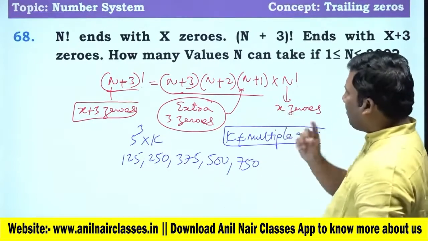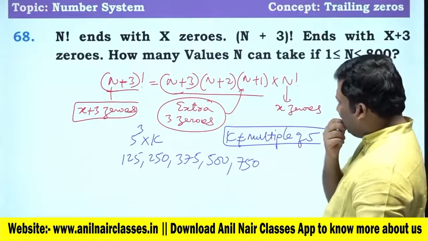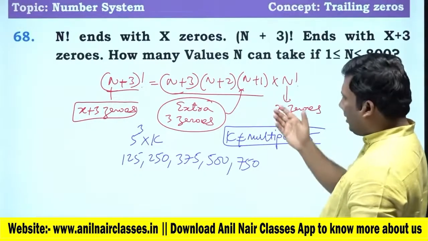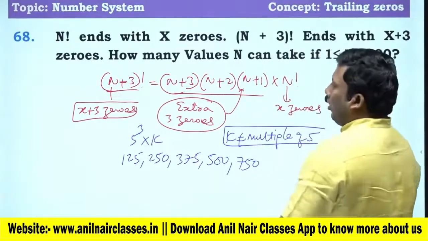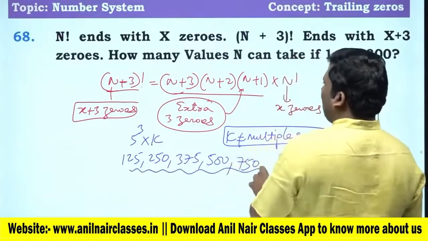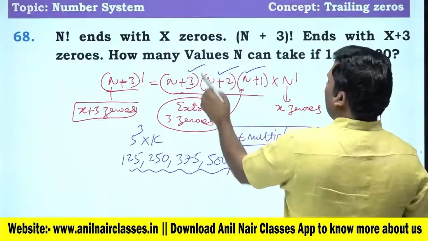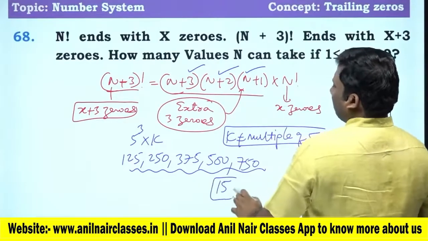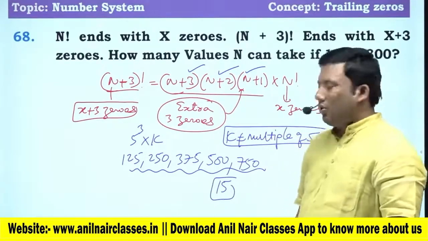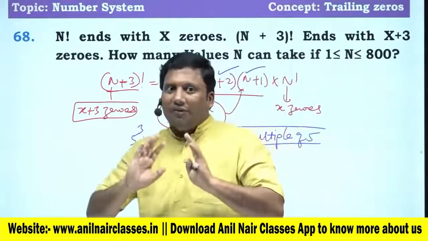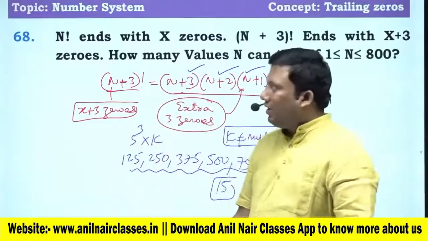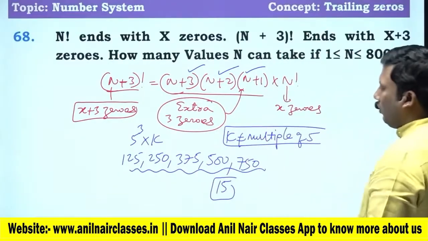That means n plus 1 can be either 125 or 250 or anything. How many cases did I get? 5 cases. Yes or no? 5 cases. 125 into 5. The 625 case, don't take it.